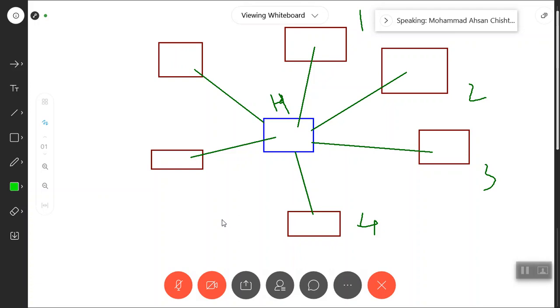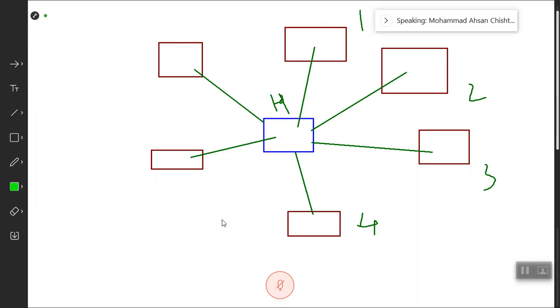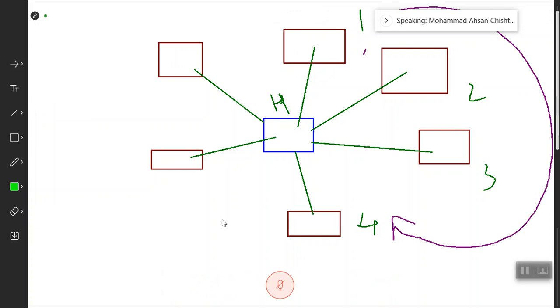Let's say you have to communicate traffic from 1 to 4. All the traffic has to pass through this central hub onto node 4, or I would say all the traffic traverses through the central hub.